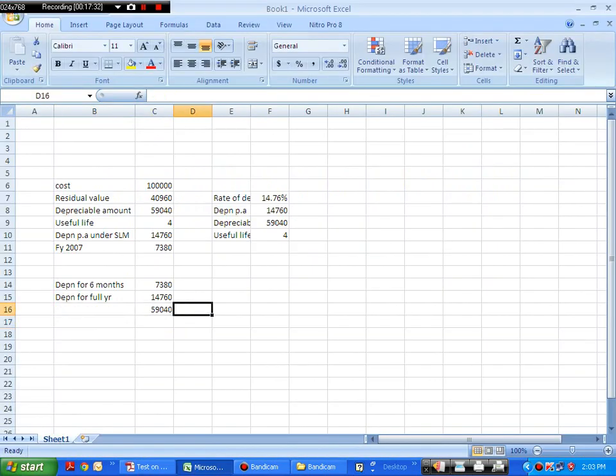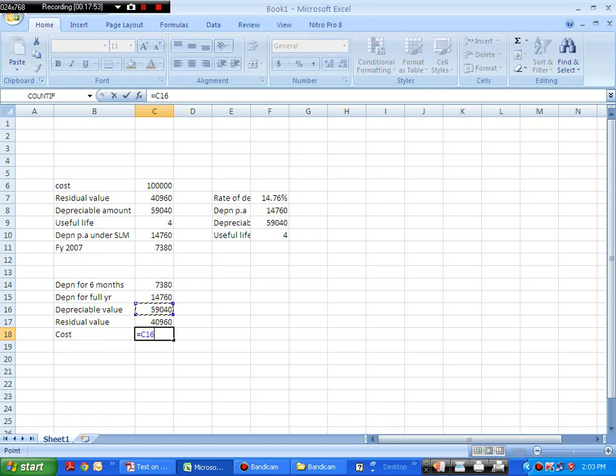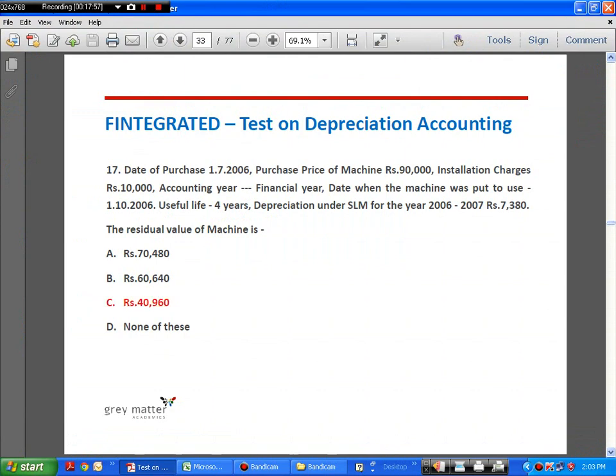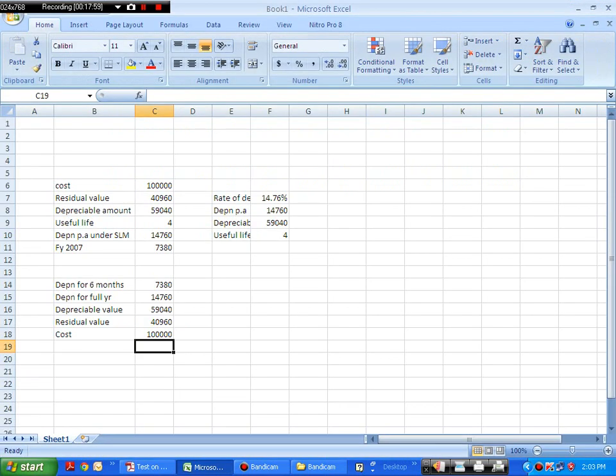This is the depreciable amount, depreciable value, and we know that the cost is 1 lakh. With this we can find out the residual value as cost minus depreciable value. So the answer is 40,960. So this is the balancing figure.